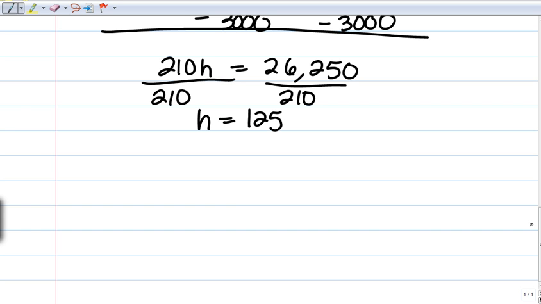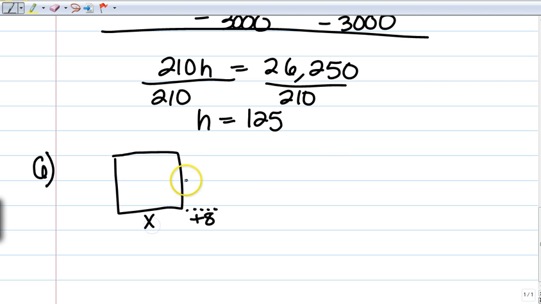Let's move on to number 6. Number 6 says, if one side of a square is increased by 8 centimeters, so you have a square, and one side of the square is increased by 8. So a square means that all these sides are the same. One side is increased by 8, and the adjacent side is decreased by 2.